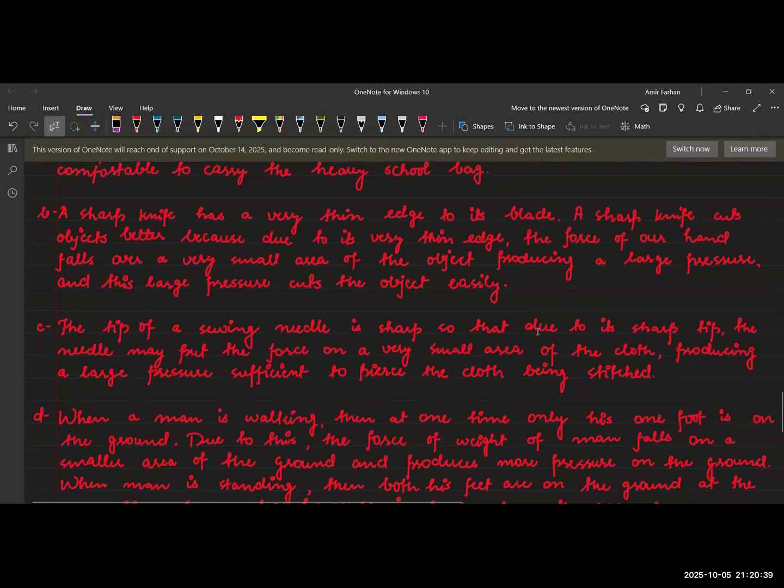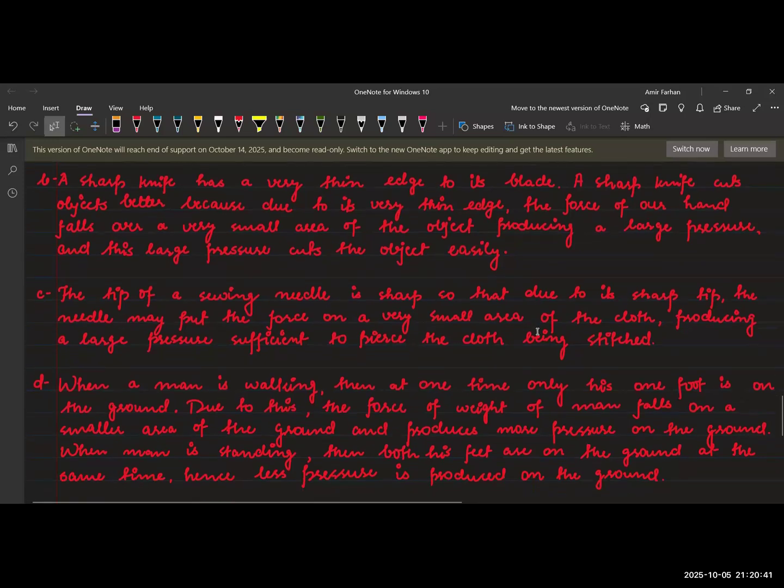Next, when you are walking, you are walking with one foot, because one foot is on the ground and one foot is almost in the air. So your whole body weight comes on a single foot. That's why the pressure you apply on a single leg would be more as compared to when you're standing on both legs. When you're standing on both legs, the pressure distributes on both of your legs.